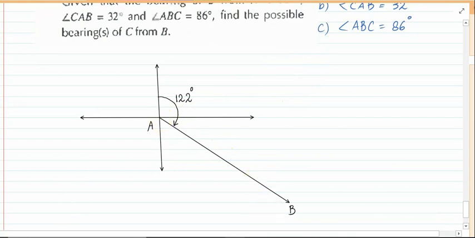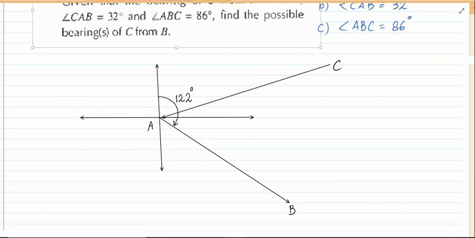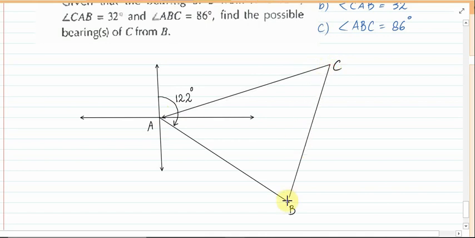I am going to pick C here, and join A and C, and C to B. So that is my triangle. The values given in the question are CAB 32 and ABC 86.